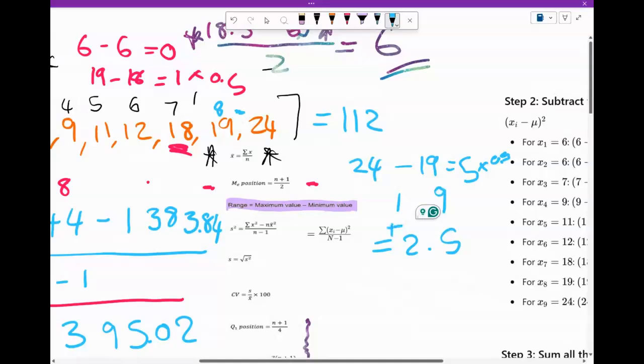Am I moving too fast? Are you with us? Remember, 8 gave us the 19, so we're happy with that. But then we have a half that we need to account for, and that's why we're doing this. It's 24, which was the next number, minus the number we fell on with the 8, gives us 5. Half of that, we get 2.5.